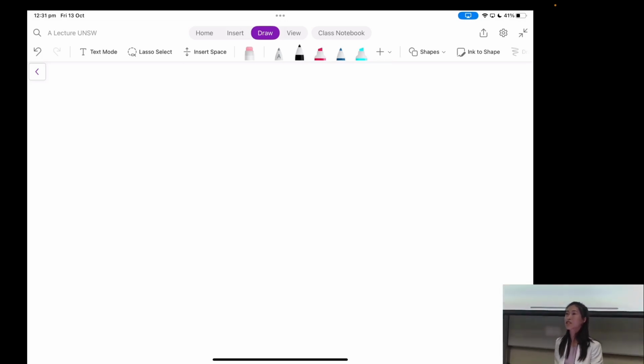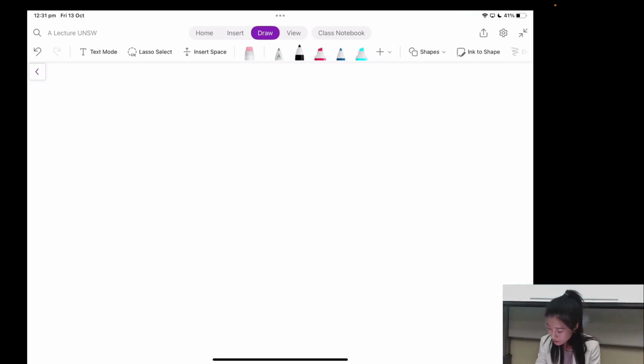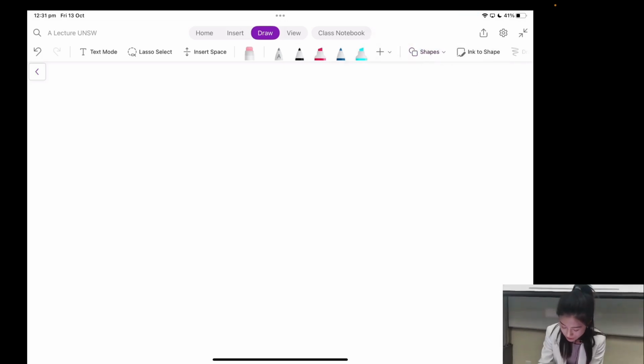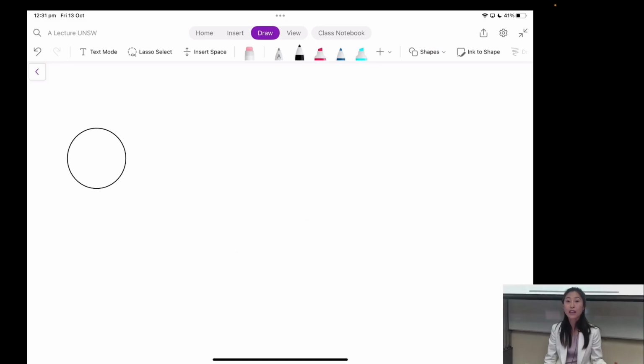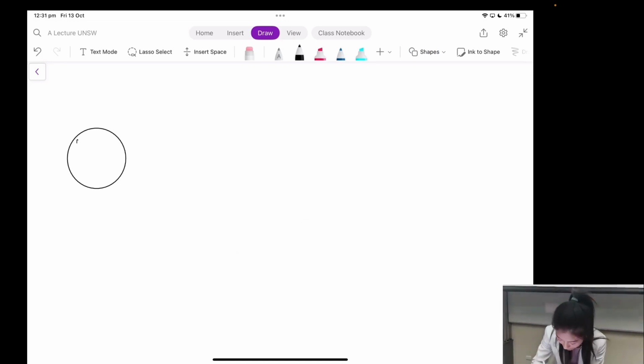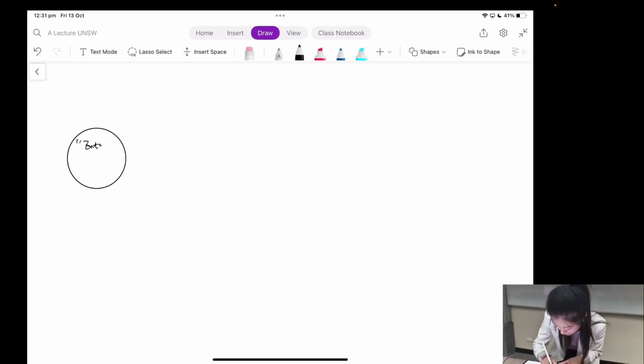So what is the initial state of a login system? What can be an initial state of a login system? Maybe it asks for your username and your password, right? It asks you to enter username and password.